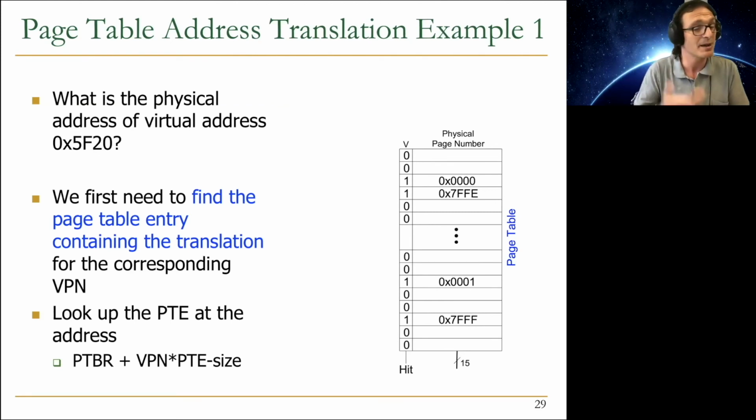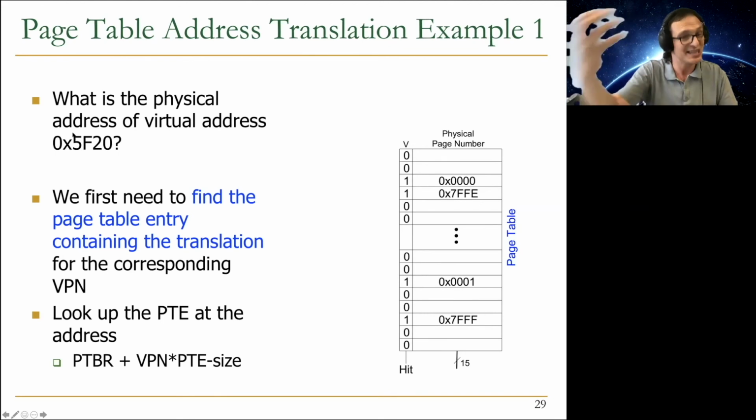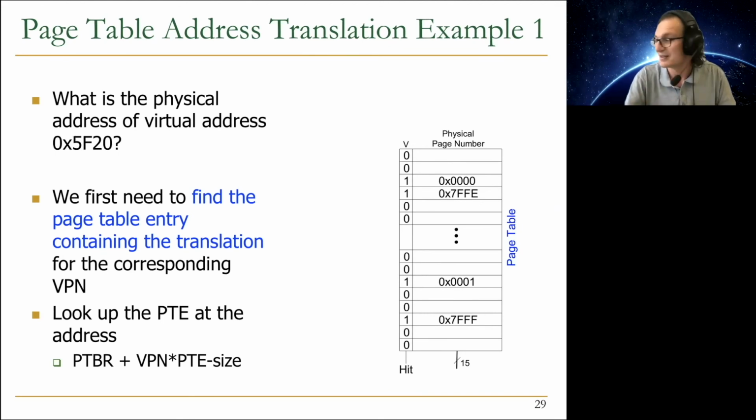Indirection means another memory access to do the translation. So we need to access the page table, which is in physical memory, to get the translation for a virtual address so that we can access the memory at the physical address corresponding to that virtual address. That's the idea over here. So this is the address that you need to access in physical memory to get the translation: page table base register plus virtual page number times the size of a PTE. Okay. The size of a PTE can be 4 bytes, 8 bytes, depending on the implementation. Clearly, this needs to be specified in the ISA also.